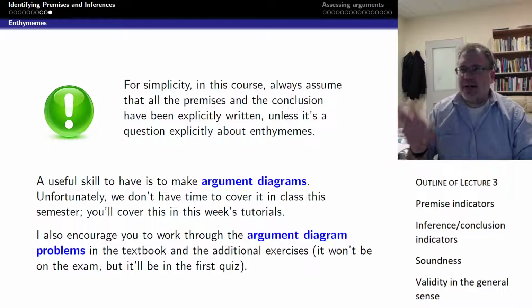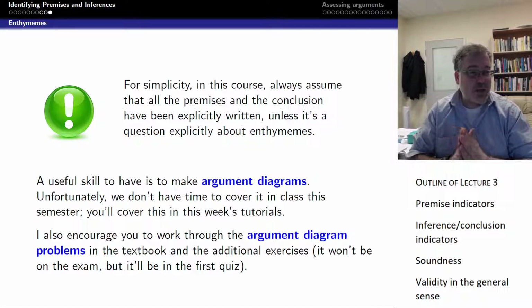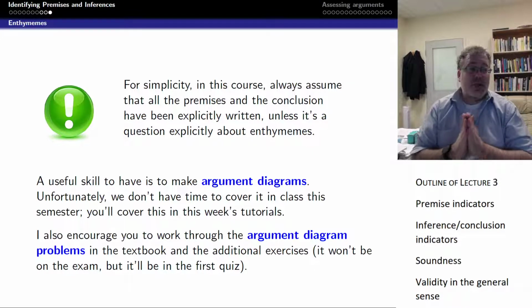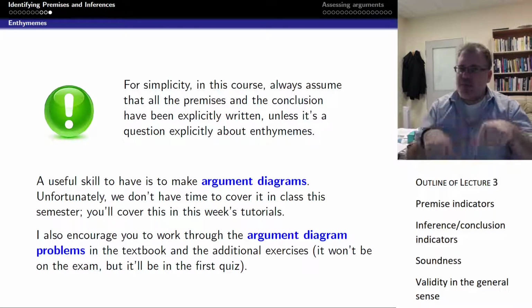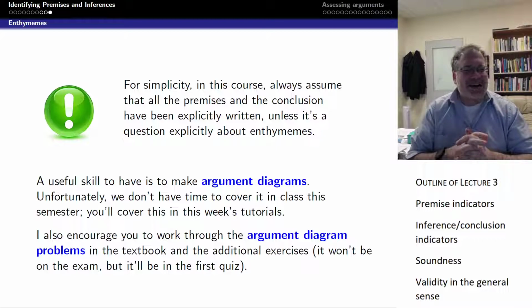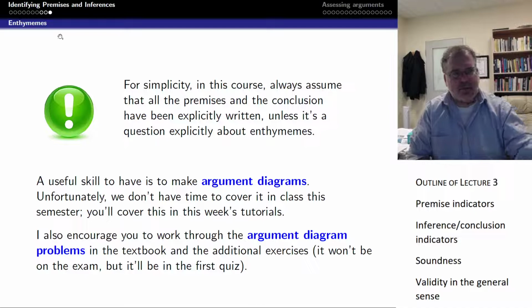So we don't have time to cover it in class this semester because it's a little bit shorter than normal, but you're going to look at that in the tutorials next week. Well, this week, sorry. I'm recording that ahead of time. Now, I'm not going to ask you to do argument diagrams in the exam, but it will be part of a quiz. Okay?